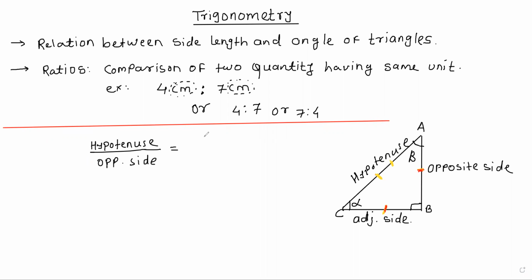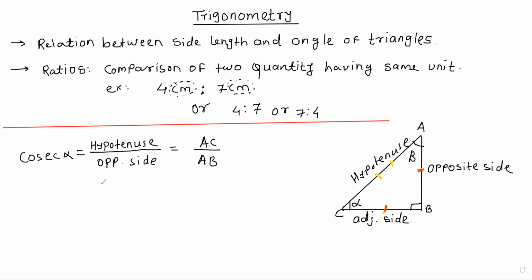This will be AC upon AB, and this ratio is named cosec alpha.